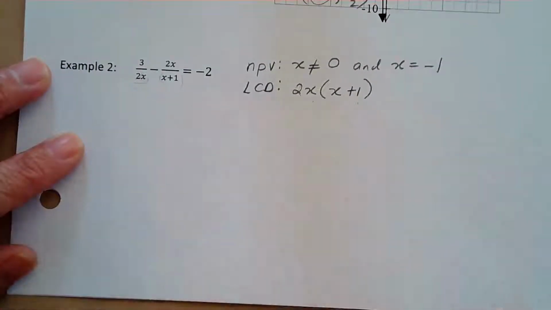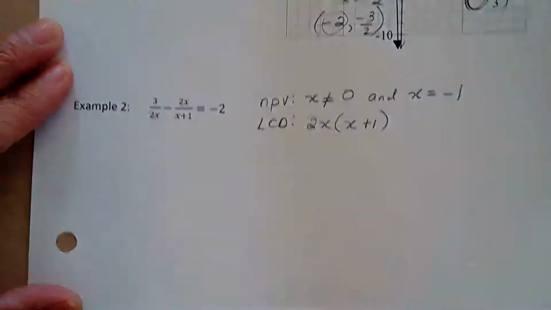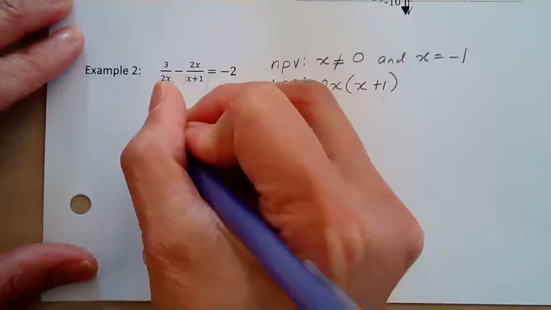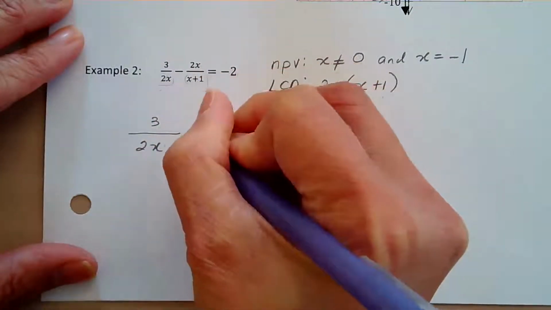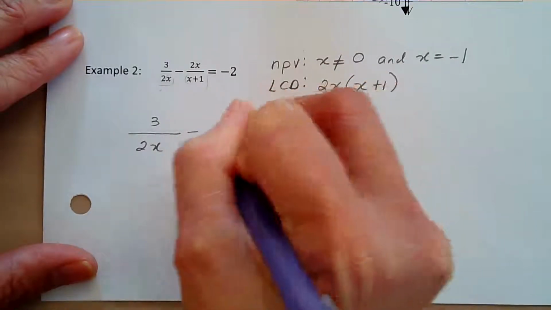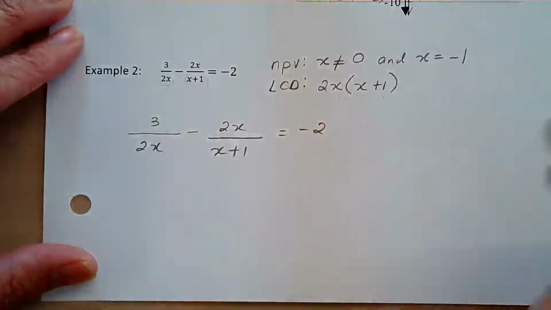Okay. So what happens if we multiply each side of the equation by the lowest common denominator? Let's see. So this is going to be 3 over 2x minus 2x over x plus 1 equals negative 2.